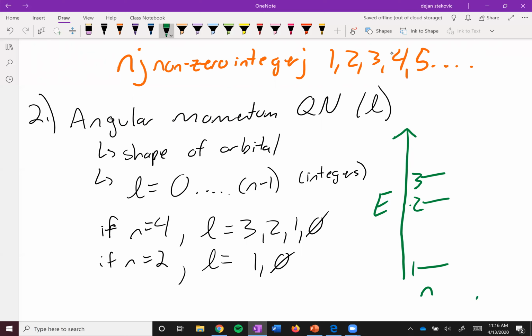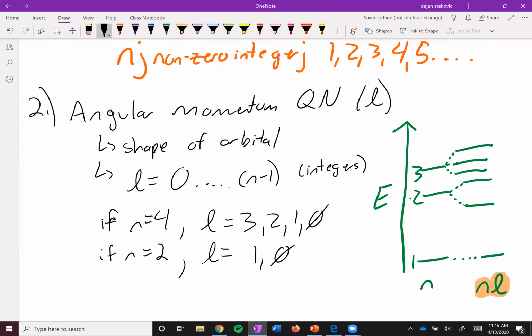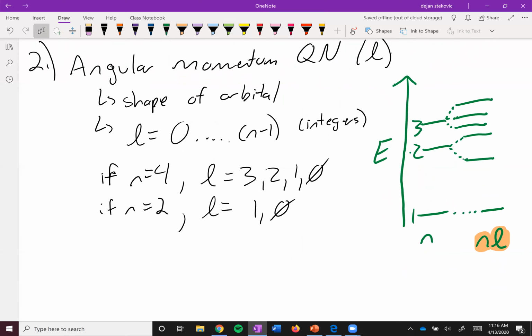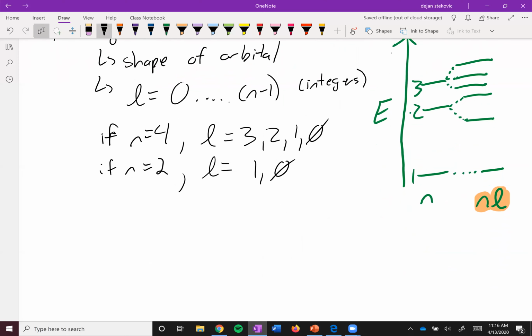And so here we can have n and then L. The 2 can actually split into 2 different ones, and the 3 can actually split into 3 different ones. You can see we designate this by the n and then the L. But that can get very confusing because your numbers would be like 1, 2, 1, 4, something like that. And so what we do with L is we give it a letter designation.